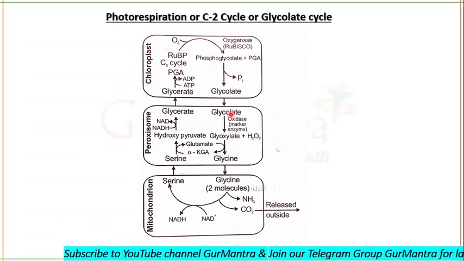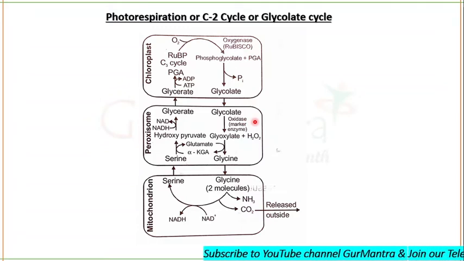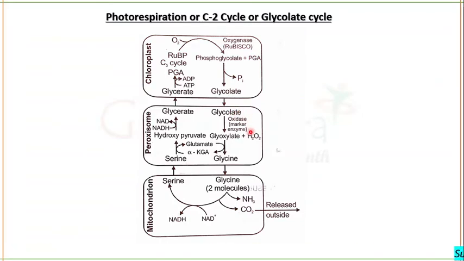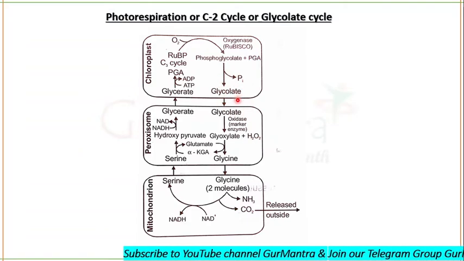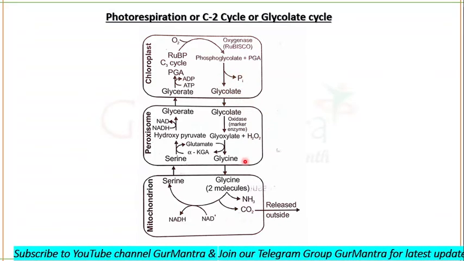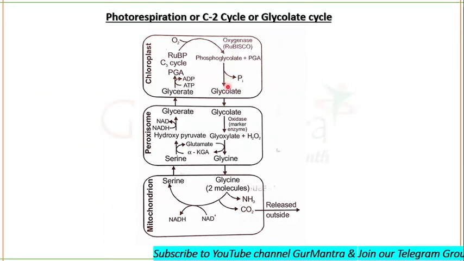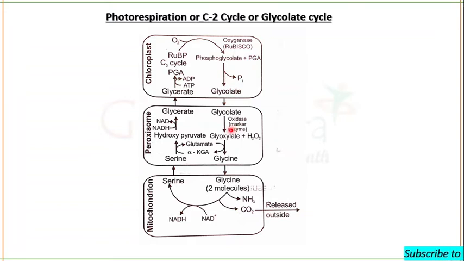Then here comes our marker enzyme, glycolate oxidase, known as the marker enzyme of photorespiration. Glycolate will be converted into glyoxylate with the release of hydrogen peroxide. You know what is unique about this photorespiration? The conversion into glycine, and there is one step of decarboxylation. Glycolate formed in the chloroplast is transferred to the peroxisome.